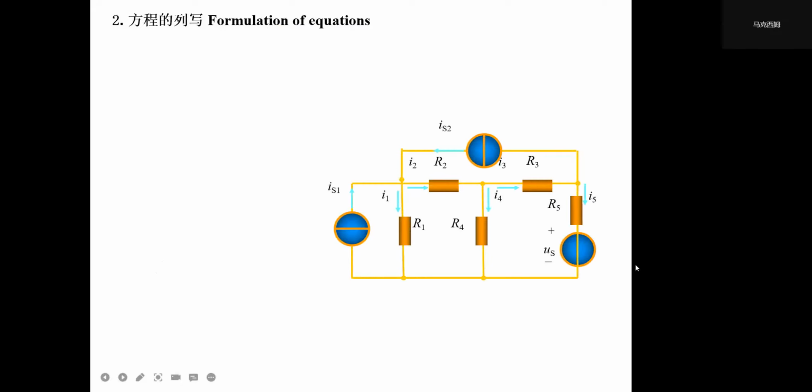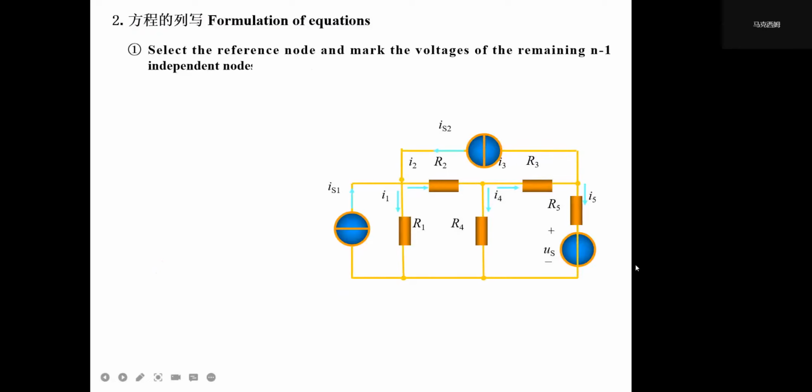And then we can list the equations, right? For example, we have this kind of example. So we can select the reference node, and then mark the voltage of the remaining n-1 independent nodes. So in this case, we can take this point as the reference point.